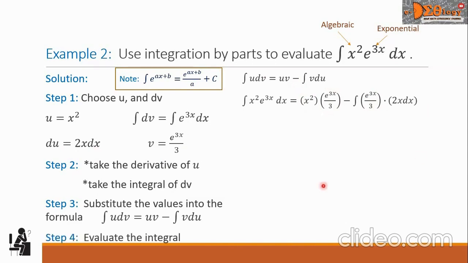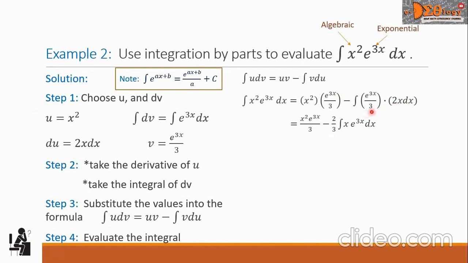Step 4, let us now evaluate the integral. For the uv, we just put them together. So we have the x squared times e raised to 3x over 3. Then minus, we simplify first the integral here by pulling out the constant outside the integral sign.